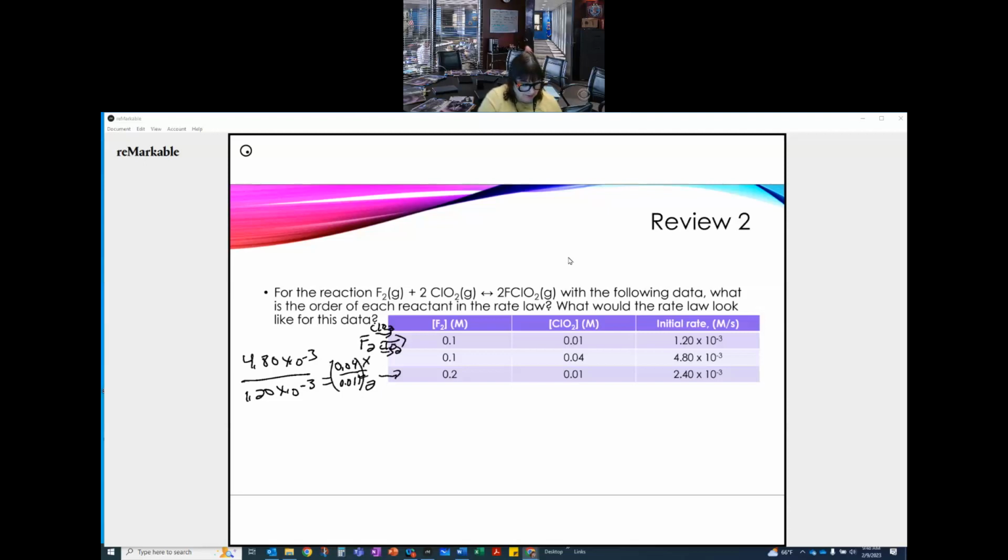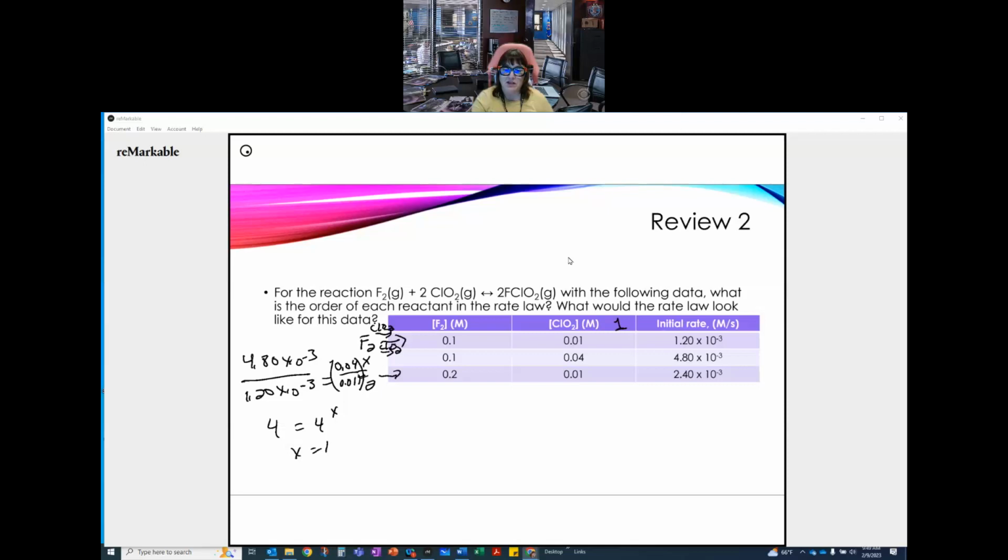That's what I'm solving. So I do my ratios, 4.8 times 10 to the minus 3, divided by 1.2 times 10 to the minus 3. And that gives me 4, and that's equal to 4. So my x is 1, because we have the same change in both of them.